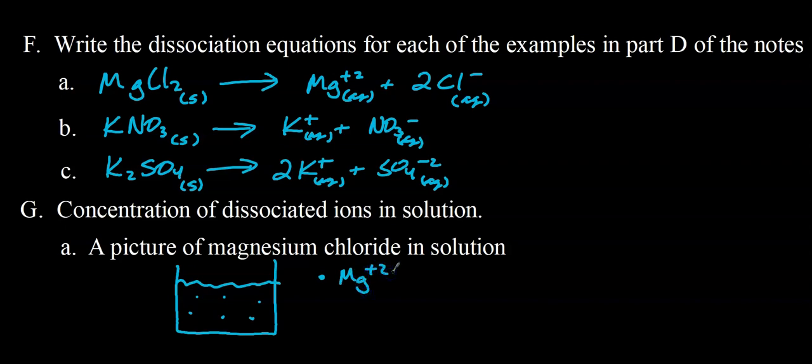If there are 6 of those, then there's got to be 12 of the chloride ions. So again, just showing that we have a ratio 2-to-1 chloride ions to magnesium ions in this solution. Very, very important for what we will be doing next.